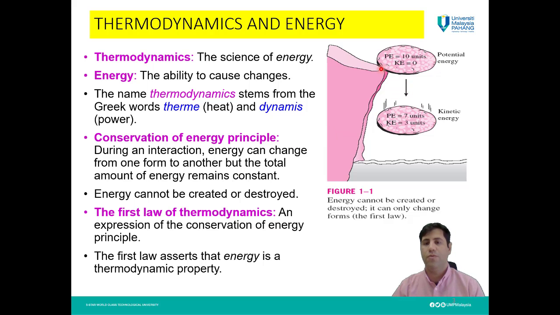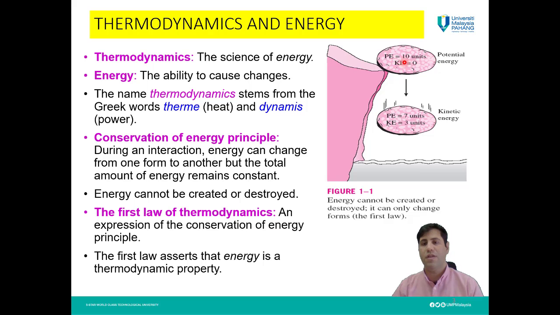As you may know, we have two different types of energy. Take a stone at a height. You can see here it has 10 units of potential energy, but because it is not moving, it doesn't have any kinetic energy.